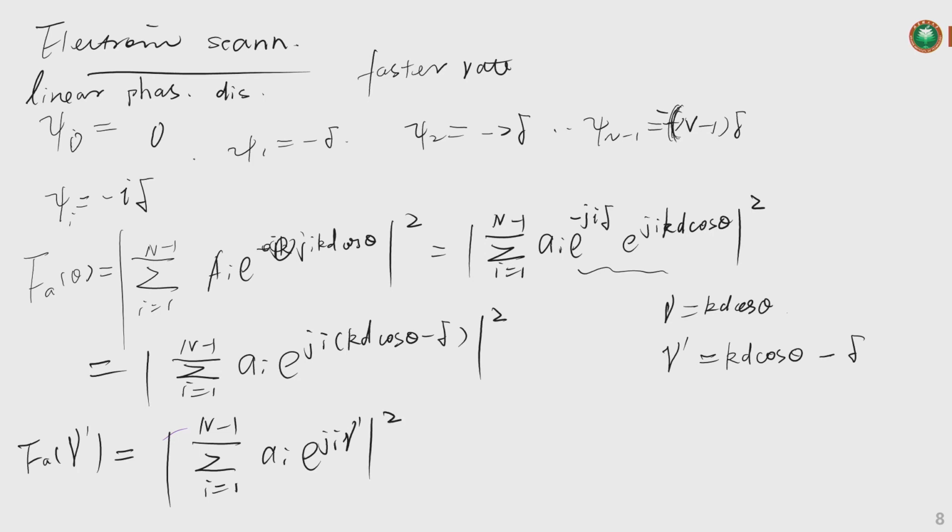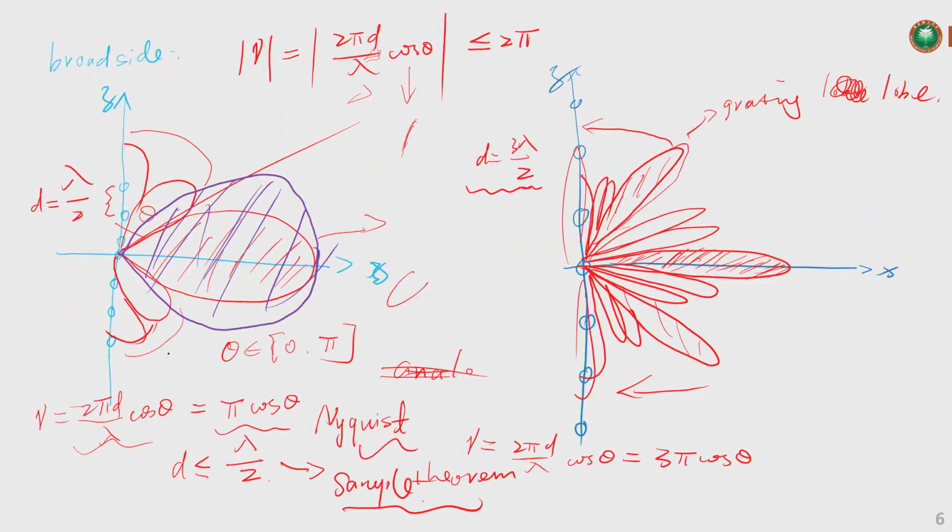Now we get the same expressions as for the uniform array. So we can plot how it varies with respect to gamma prime, and with a uniform distribution we get the same expressions like this, right? Actually, I think it varies with theta, physically, right? And it is a fixed angle, the zenith angle.